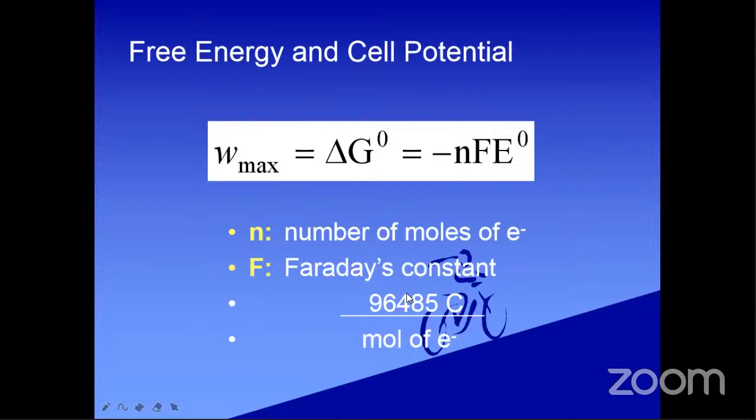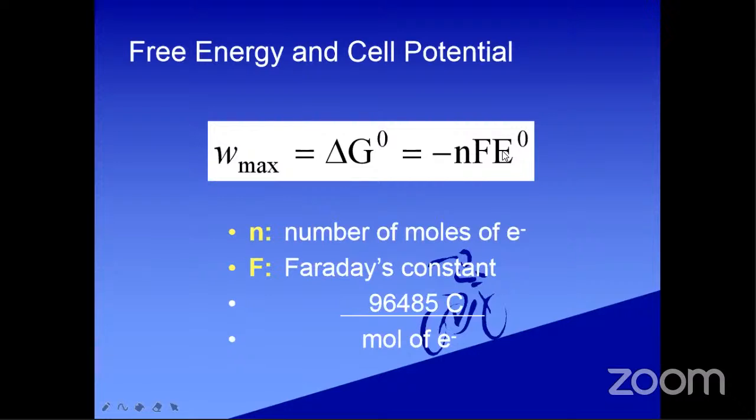This is a fixed value. What is the value? 96,485 coulomb per mole. Generally, while calculating numerical problems, you will take a rough value of 96,500 coulombs also. But the exact value is 96,485 coulombs. That is the Faraday value.